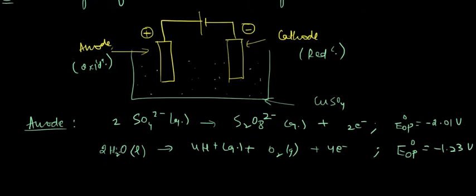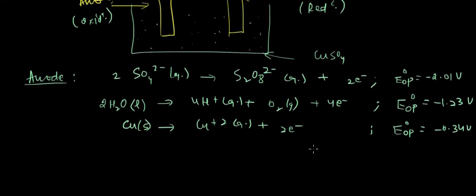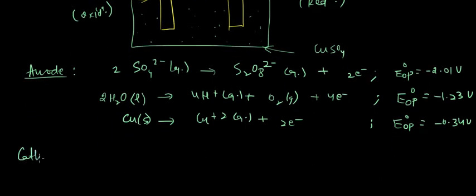And finally we can have Cu(s) forming Cu2+ aqueous with the evolution of 2 electrons. So E naught OP for this reaction would be, let's say, -0.34 volt. And at the cathode, what we see is the reduction of H+ to form H2 gas.